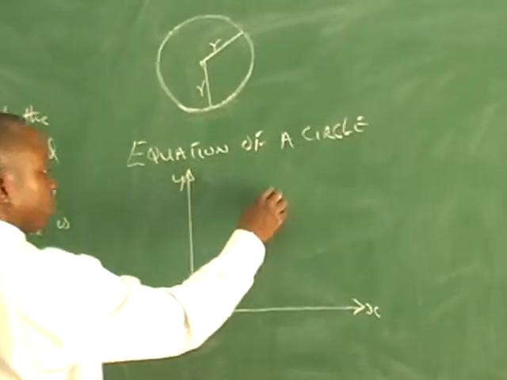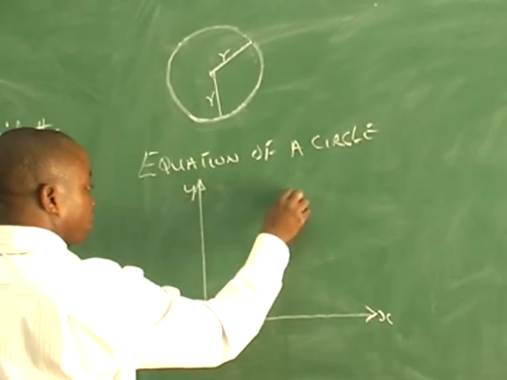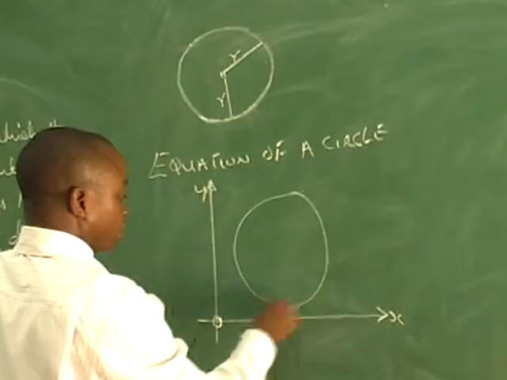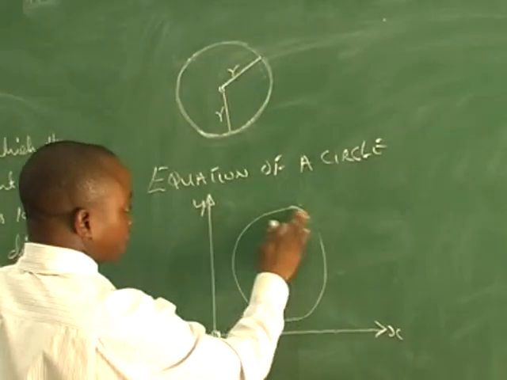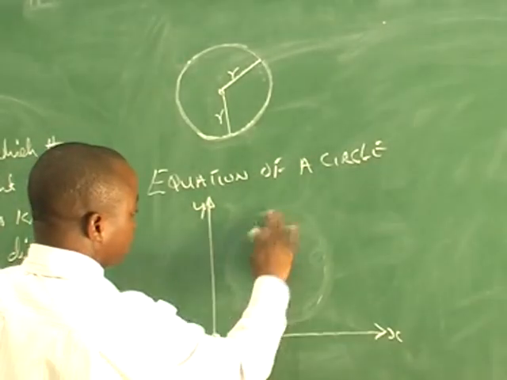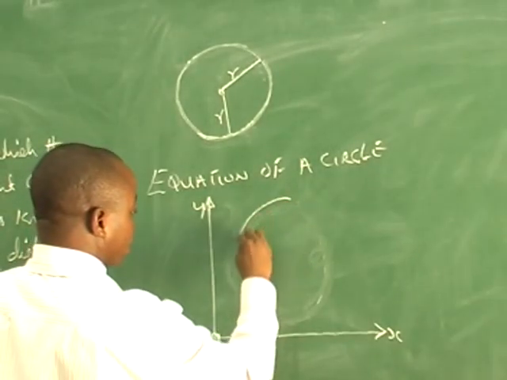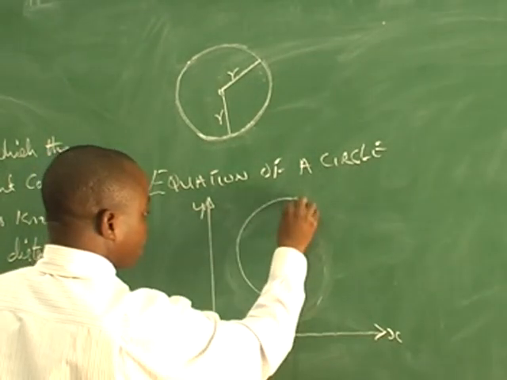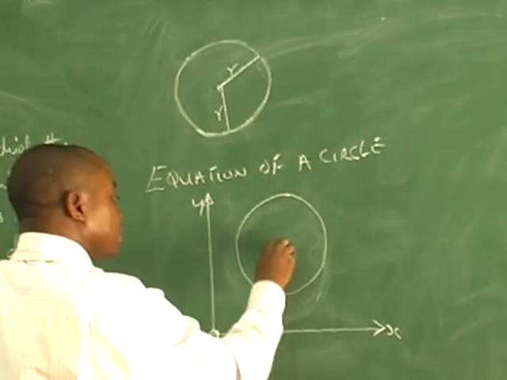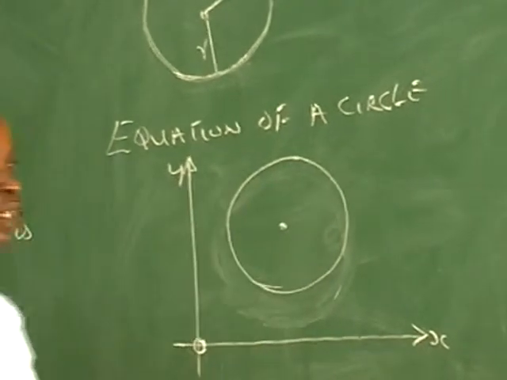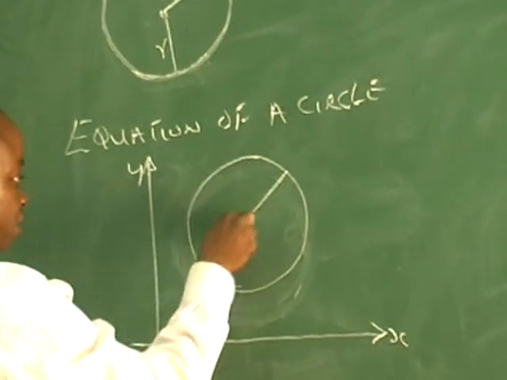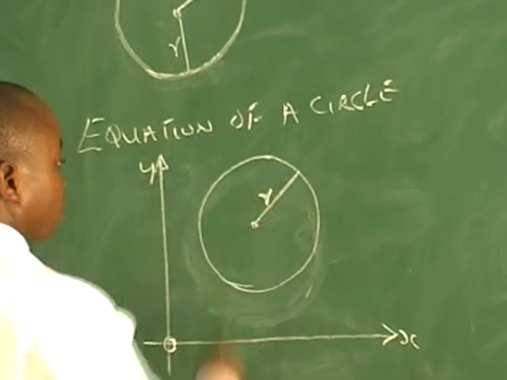Now let's place a circle in the plane. Let's make it small so that there will be space to explain some things. Now this is the center, as we know, and then this is the radius r.